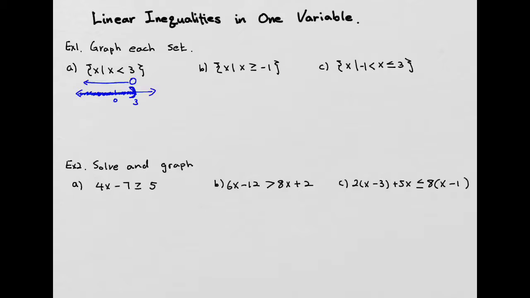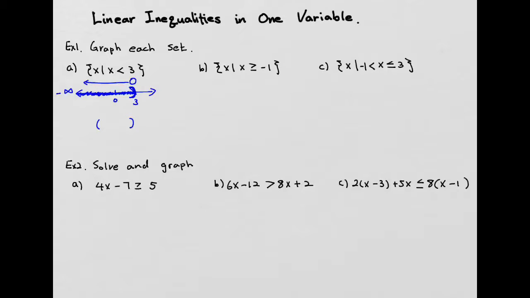And one other thing is, if you wanted to show this in interval notation, you start with a parenthesis, right? So you will have a parenthesis on the right side, and you're going to have a parenthesis on the left side also because it goes all the way to infinity. This is negative infinity, right?